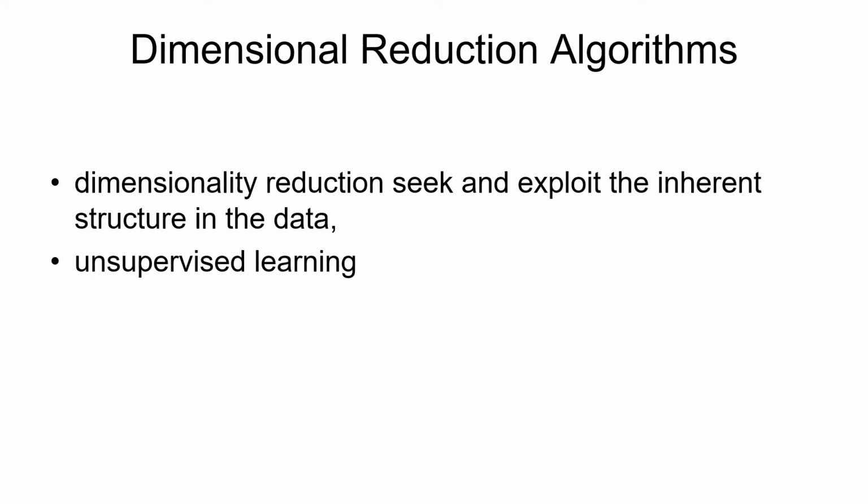scikit-learn. Like clustering methods, dimensional reduction seeks and exploits the inherent structure in the data. And as with clustering methods, it is an unsupervised way to summarize or describe data using less information.